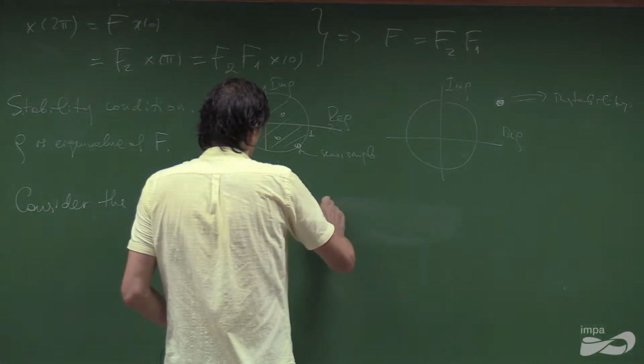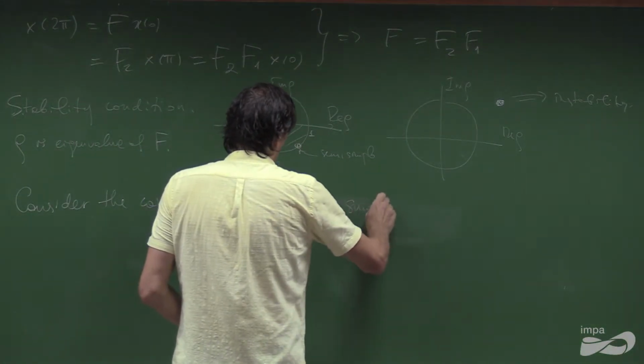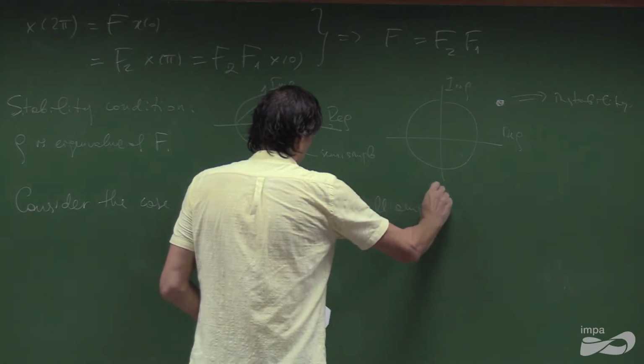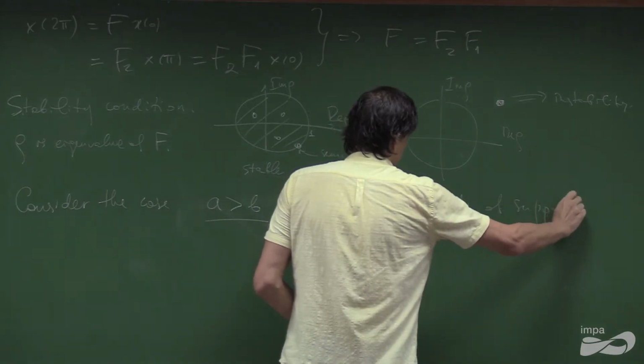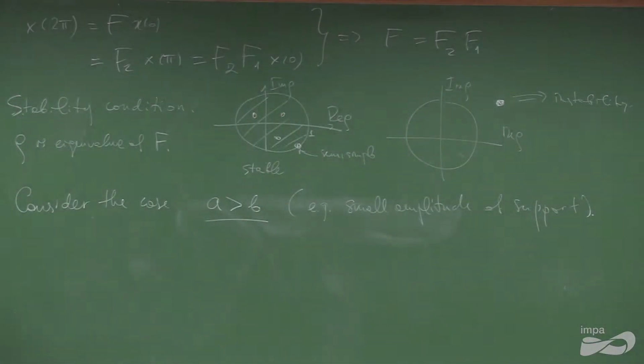So for example, it's a small amplitude of the support. If the amplitude of the support is small, then delta is small, then B is small, right? And A is something. So if delta is sufficiently small, it will be smaller than B. So we take a pendulum and we move it just slightly, with small amplitude.